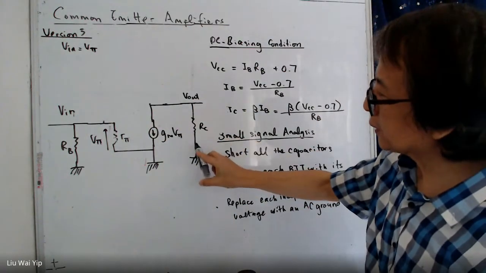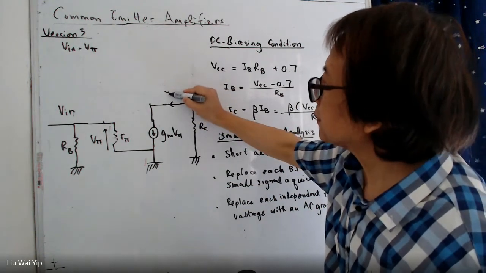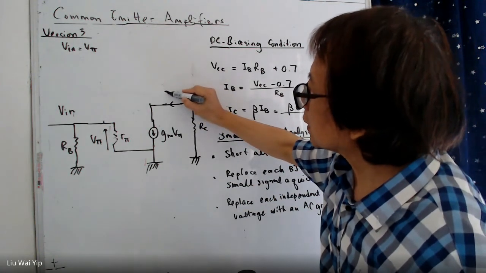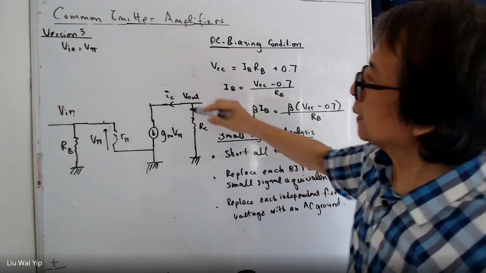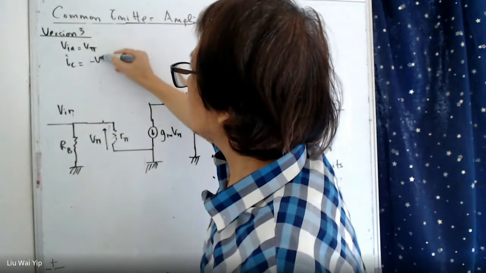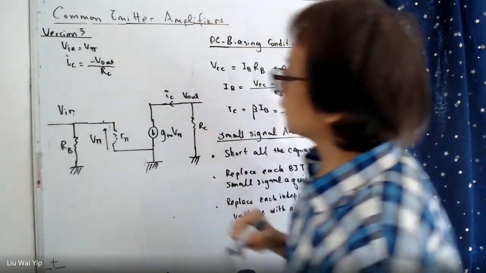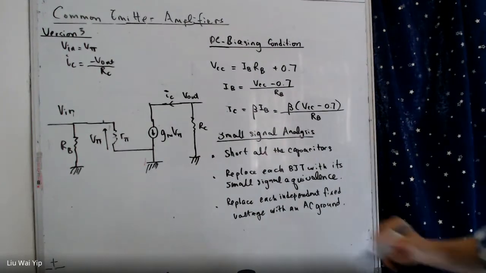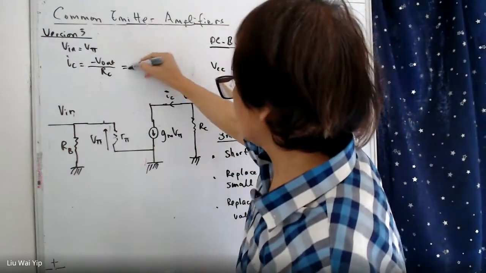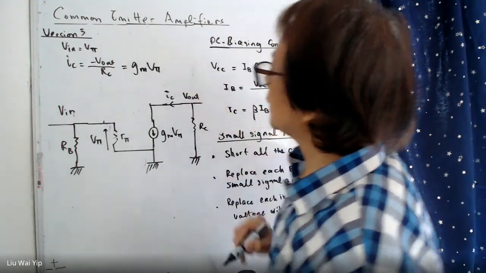And by looking into the network, IC is equal to minus Vo divided by RC, and it is also equal to gm times V pi.